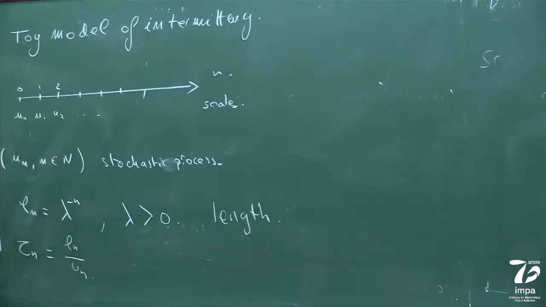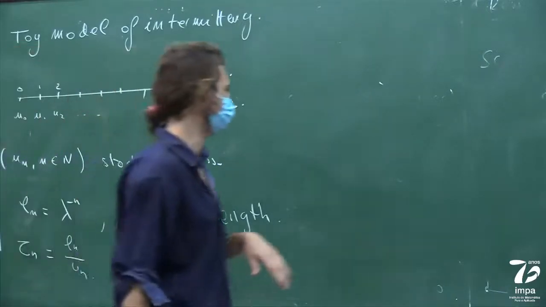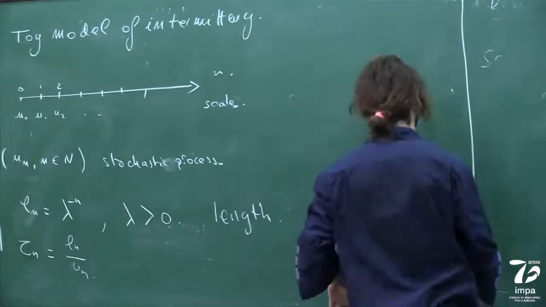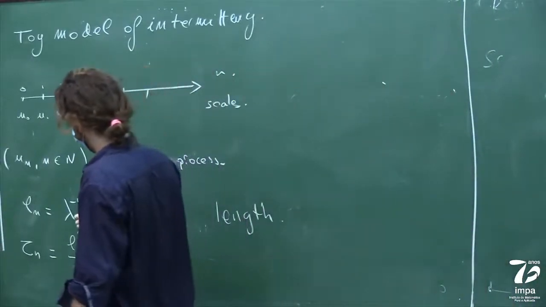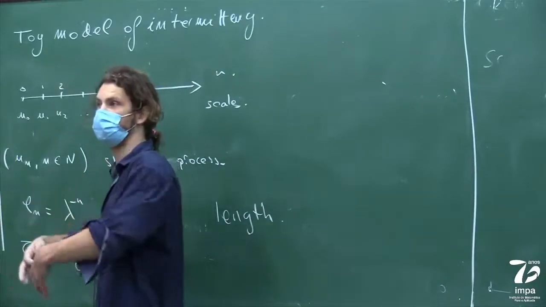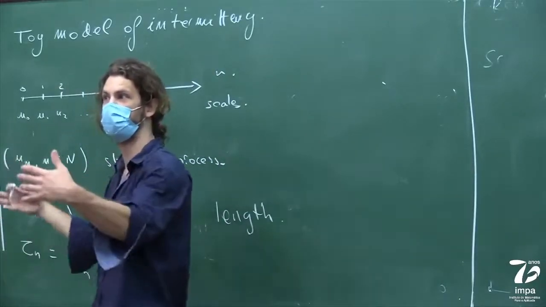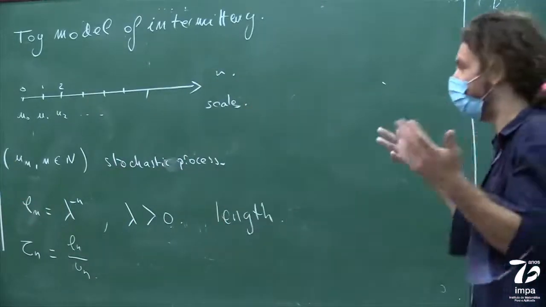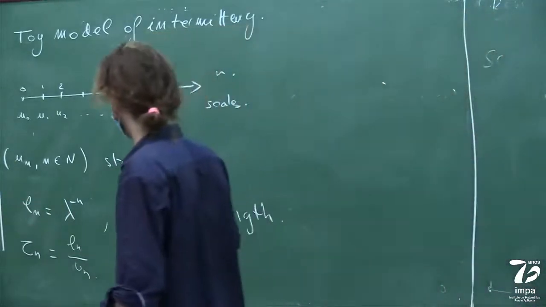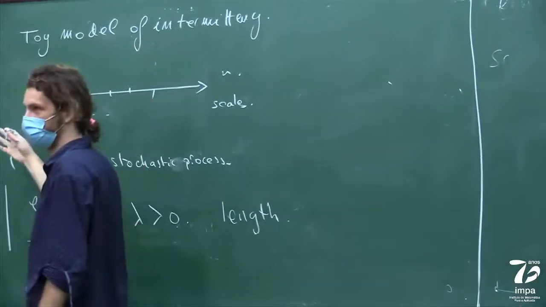Okay? So those are, in a sense, two quantities which are what they are. And the question is what kind of dynamics we are going to impose. Unlike the models that were discussed by Alexei last week, we are not going to impose a deterministic dynamics, but we are just going to impose a very simple stochastic relation between those different scales.